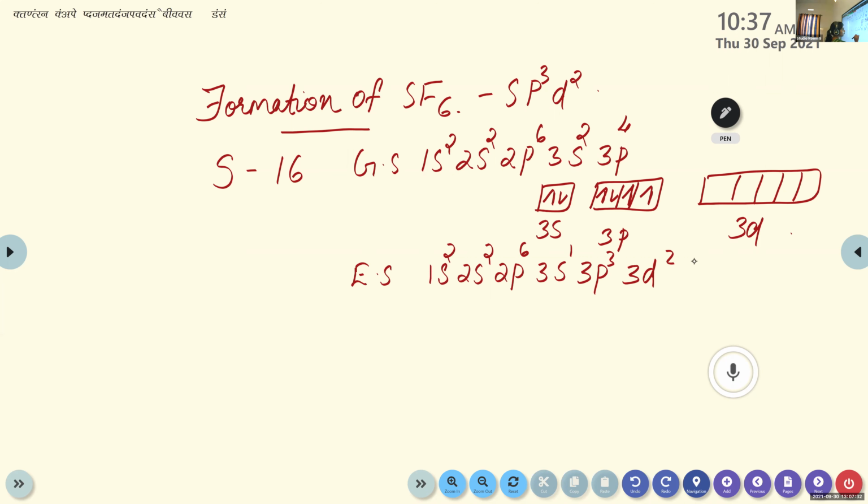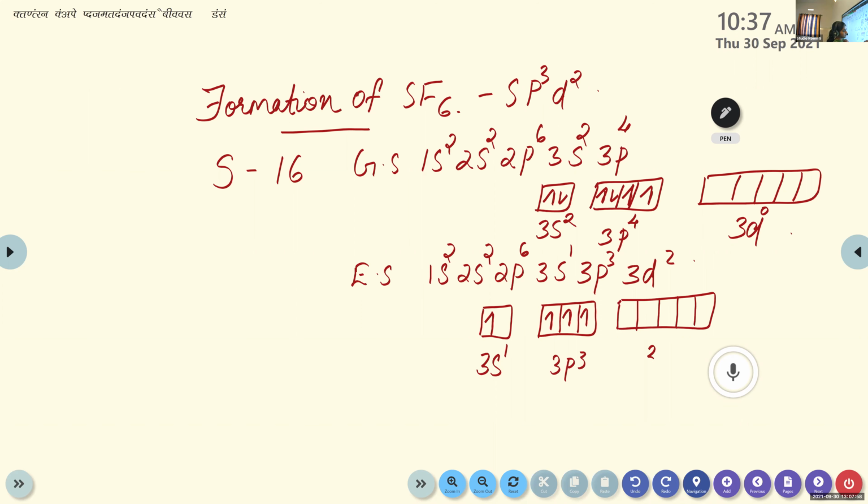Okay, then the orbital diagram: 3s1, then 3p3, 3d2.